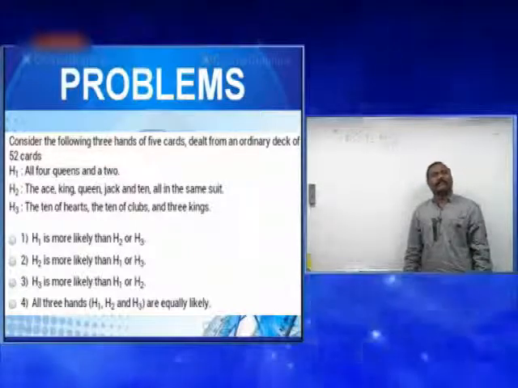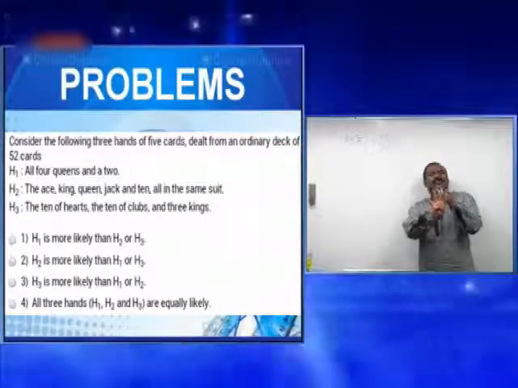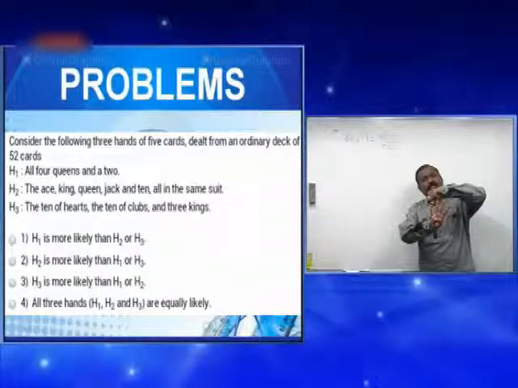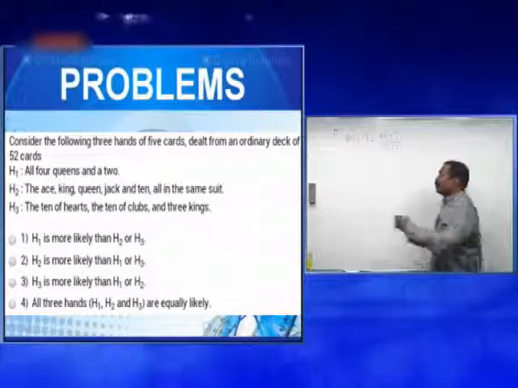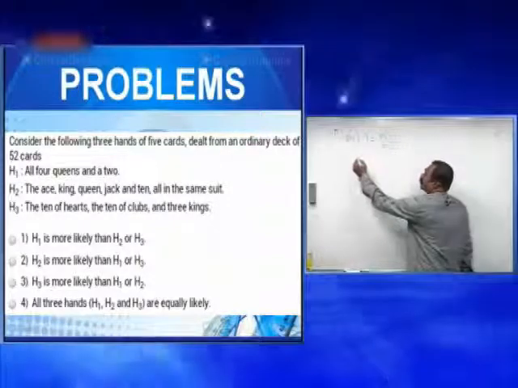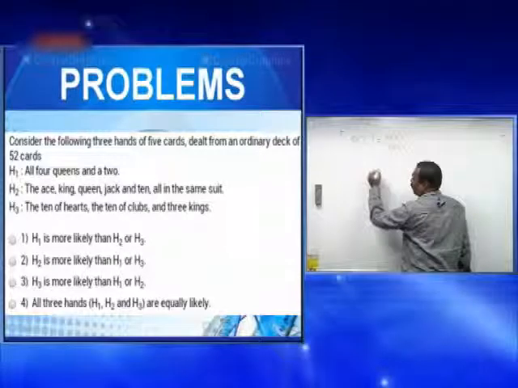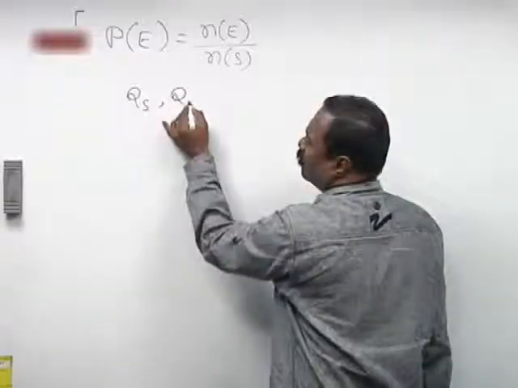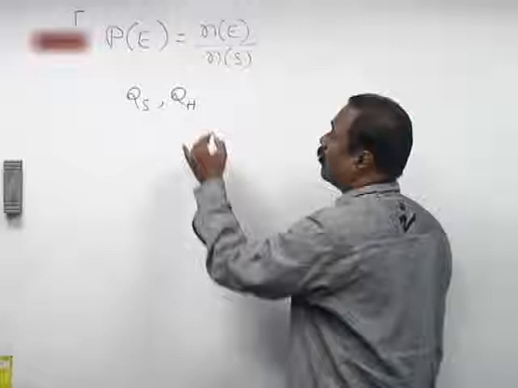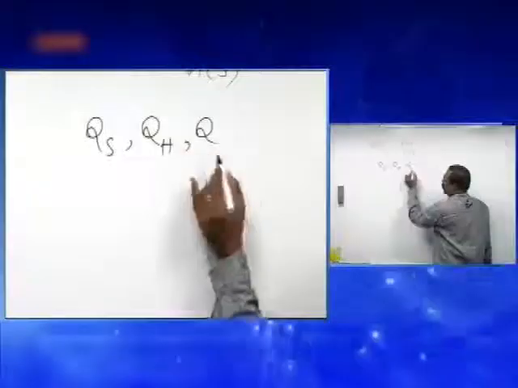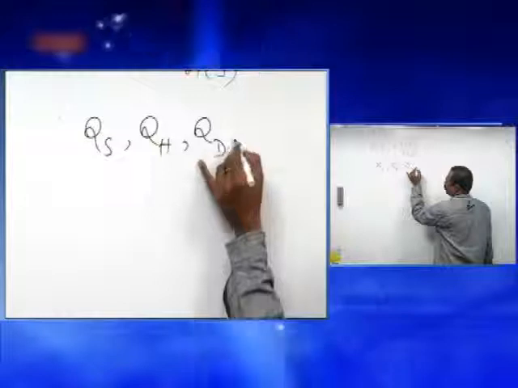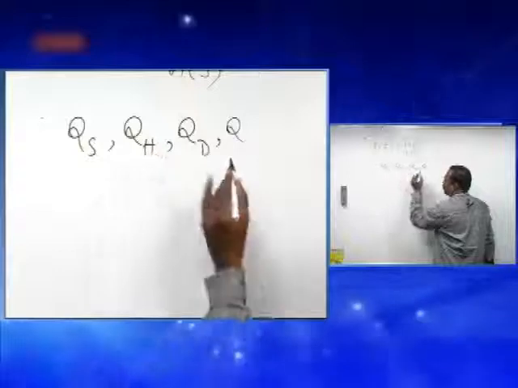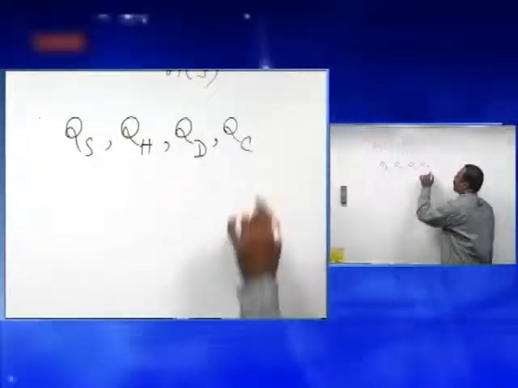All 4 are queens, meaning how many queens will be there? You know, each suit consists of 1 queen. So all 4 queens case is only 1: queen from the spade, queen from the heart, queen from the diamond, queen from the clubs.